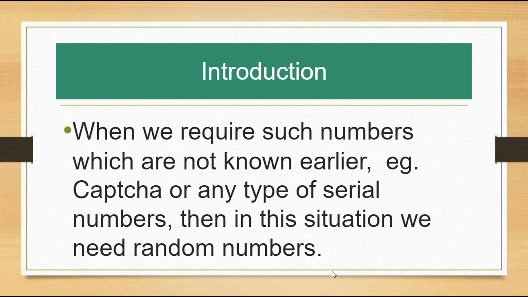When you are not able to write the captcha on the screen and you refresh the screen, it changes automatically. Any time you refresh, you get a different captcha. So this is what the random module is doing by default behind that. If you want anything by chance, you will use your random module.